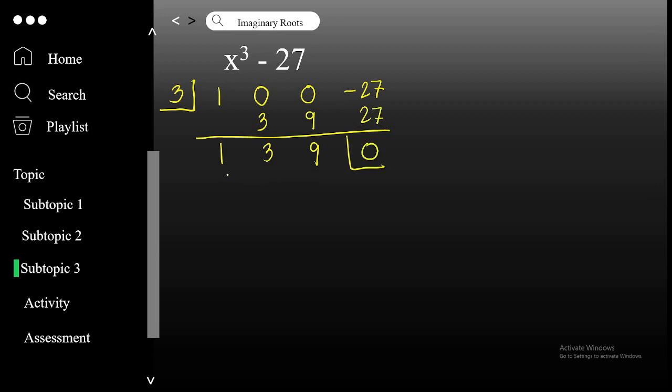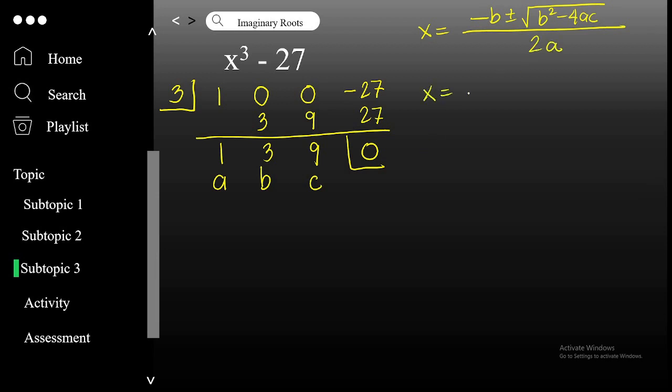And take note, this one will not be factorable if you transform this into an expression. So I'm going to use the quadratic formula where a, b, and c are these. So x is equal to negative b plus minus the square root of b squared minus 4ac all over 2a.